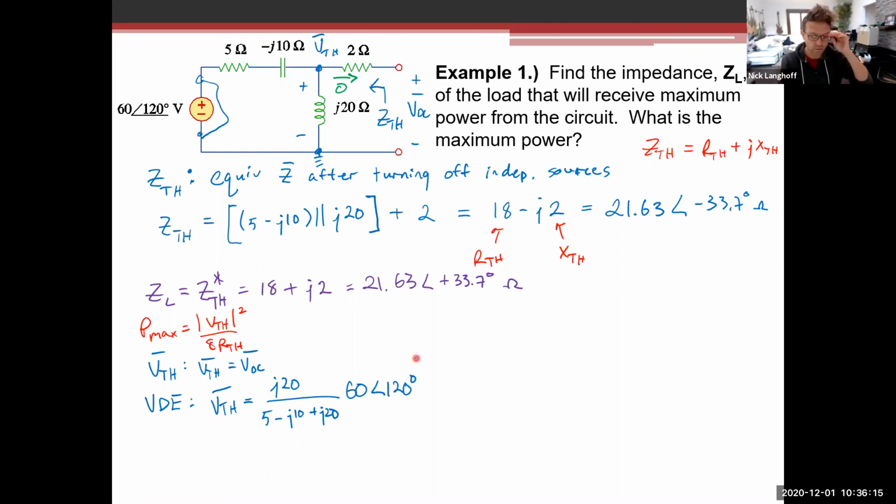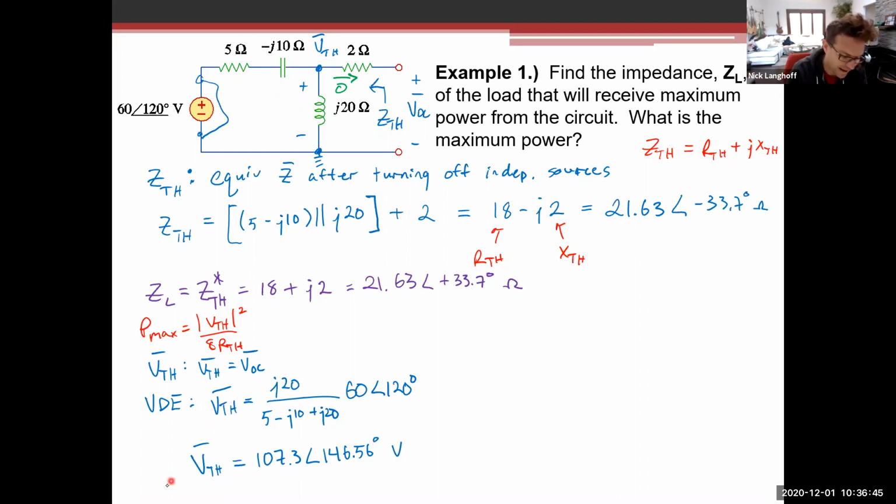And again, without going through all the phasor mathematics, we've gone through that in earlier sessions, V Thevenin is then equal to 107.3 volts at an angle of 146.56 degrees.